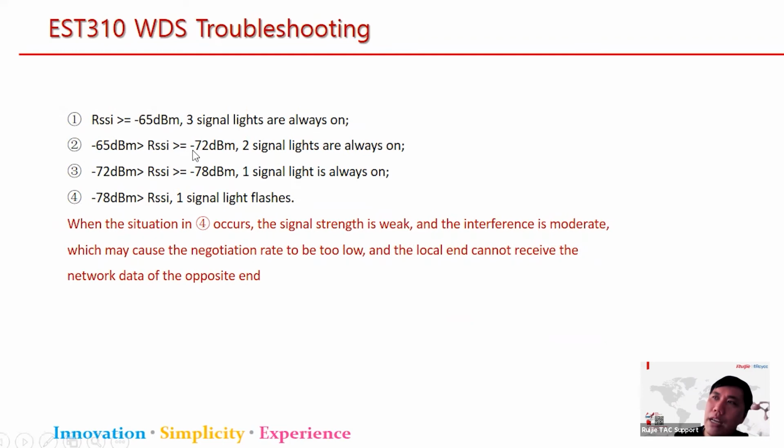If greater than or equal to -72 dBm, it's 2 signals. 1 signal light is greater than or equal to -78 dBm. Please take note that if you go beyond -78 dBm, the signal is very bad already, so it cannot provide coverage anymore. So you need to take note of the LED indicator as well.